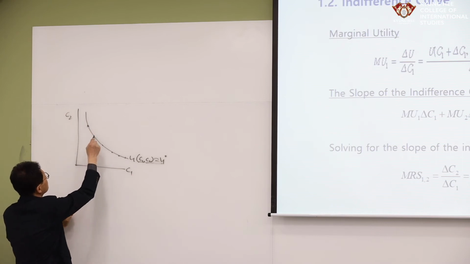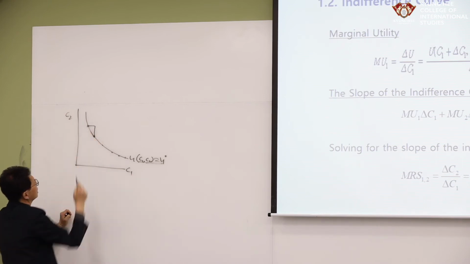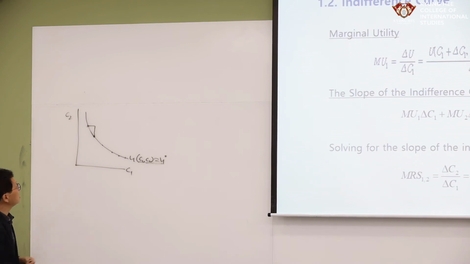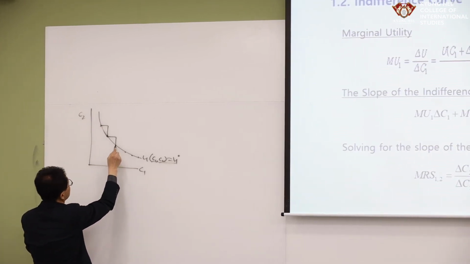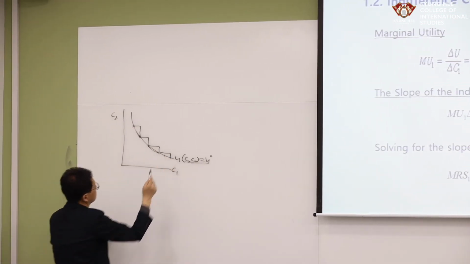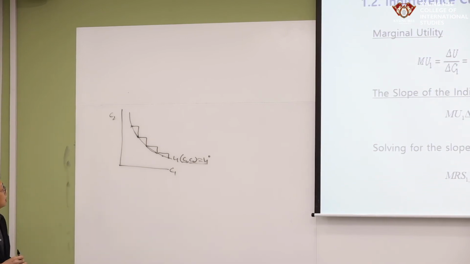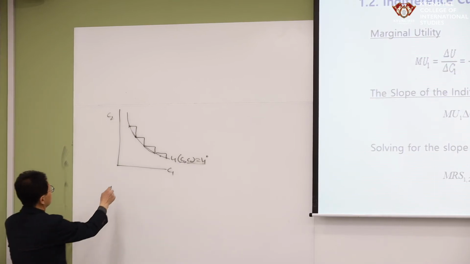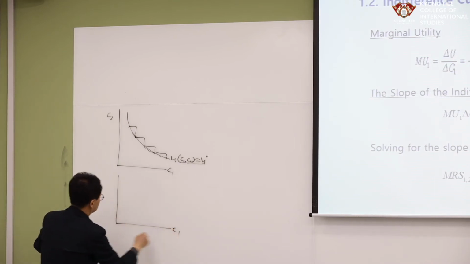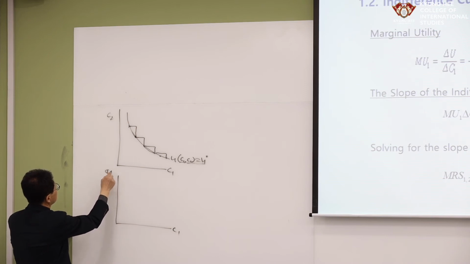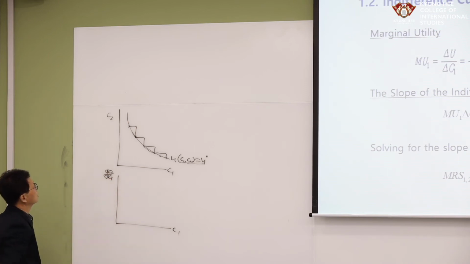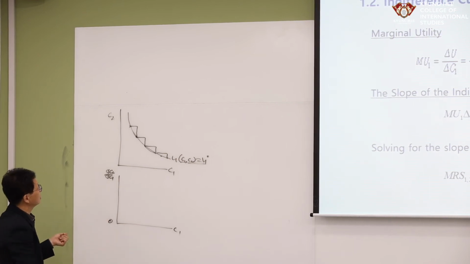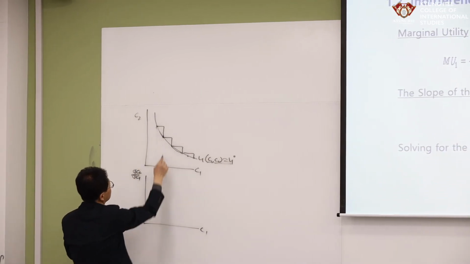When we move to here, we can make this kind of triangle, and when we move here like this, what happened? The slope decreases and decreases. So now think about the change in C2 over the change in C1. Here, C2 is the Y variable, C1 is the X variable. We already studied this in the graphical illustration. Then what happened? The changing rate is minus.